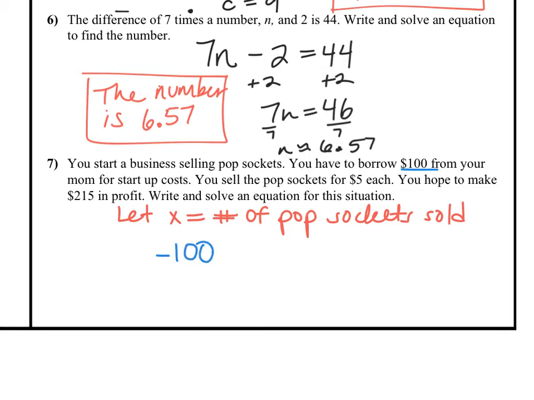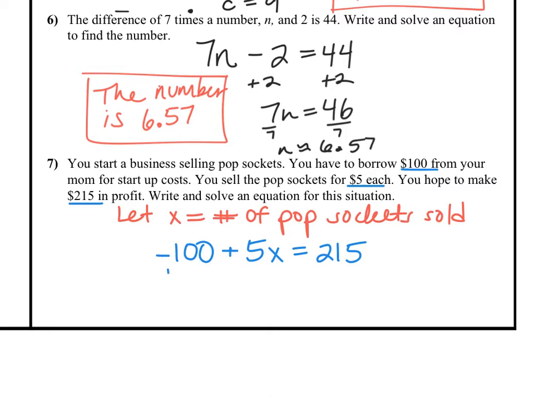And then you sell pop sockets for $5 each. That happens over and over and over. We hope you sell more than one. So plus 5x. And we want to make $215 in profit. So that is going to be what we hope our total to be. Let's figure out how many pop sockets we need to sell to do that.